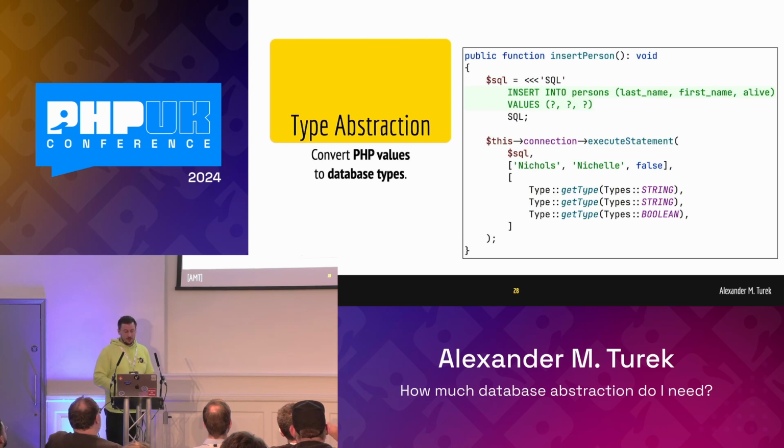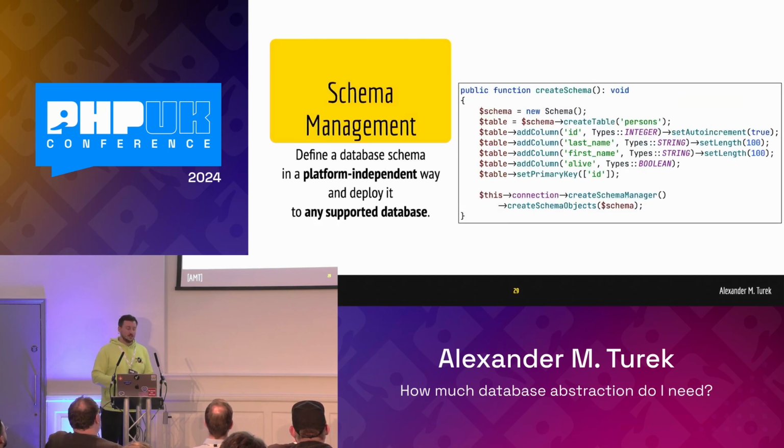Right. So what else does it do? It also has schema management. So I can declare my schema as an object graph. I can say I have a schema, I have those tables in there, those tables should have those columns, which should have the following types and the following settings. And then I can tell the schema manager to deploy this to the database.